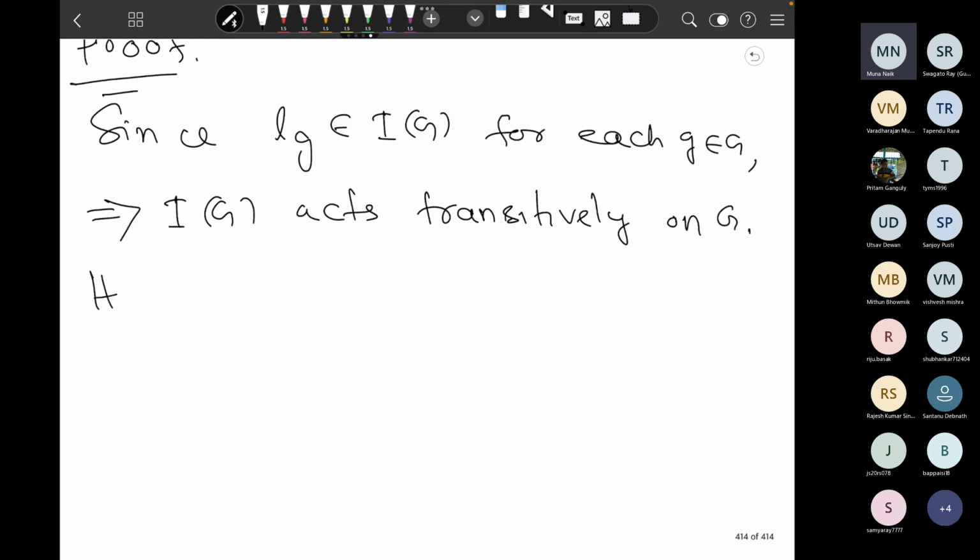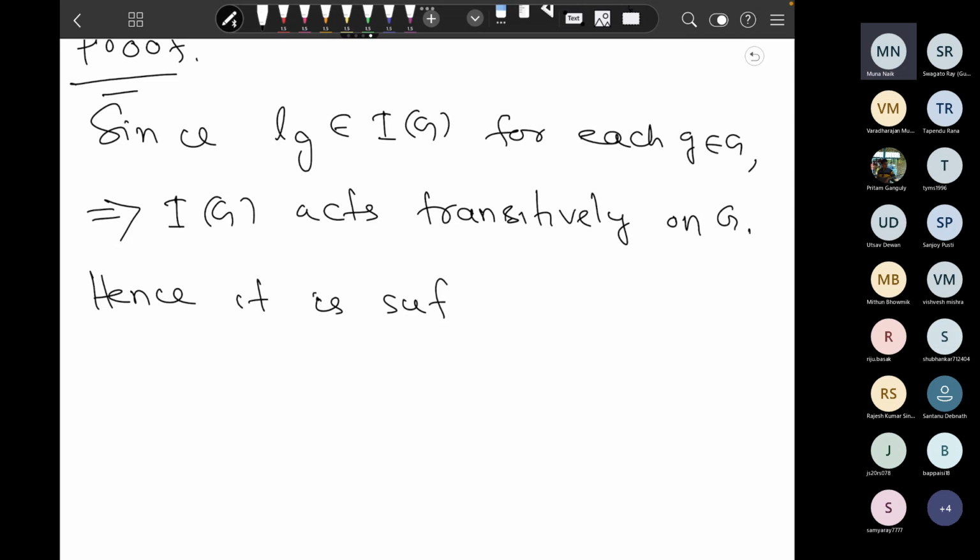Hence we have proved that proposition: if some isometry group acts transitively on the manifold M, then to show that M is a Riemannian symmetric space, it is sufficient to produce a geodesic inversion at a given point.